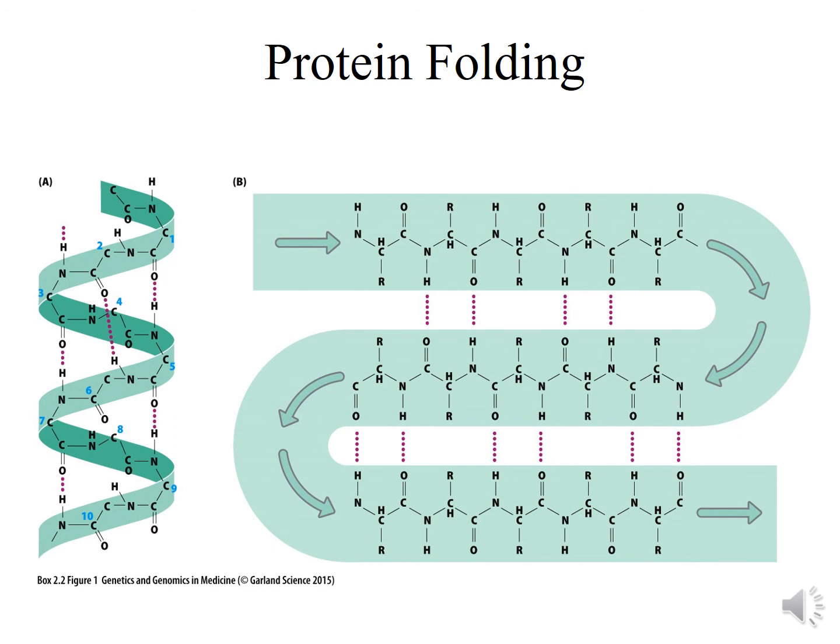The side chains of each amino acid are located on the outside of the helix. There's almost no free space in the helix. Note, only the backbone of the polypeptide is shown, and some of the bonds have been omitted for clarity.